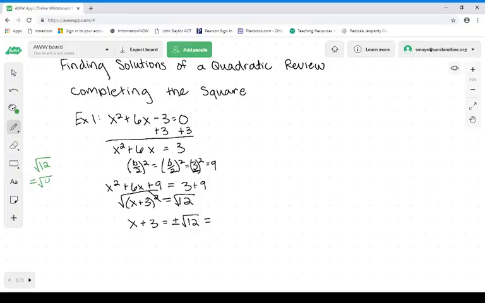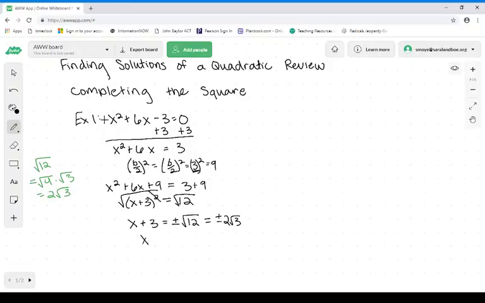So we're going to have the square root of 4, and that's going to be left with 3. So we've split up that radical to the square root of 4 and square root of 3, which is just 2 square root of 3. So that's what I'm actually going to replace with the square root of 12. So 2 square root of 3.